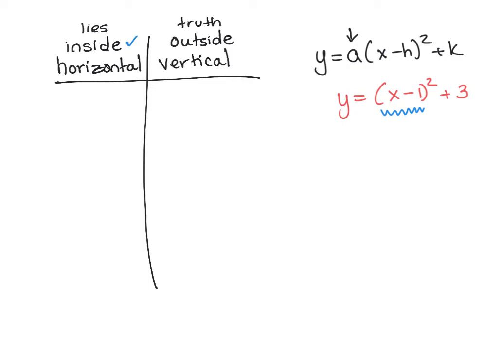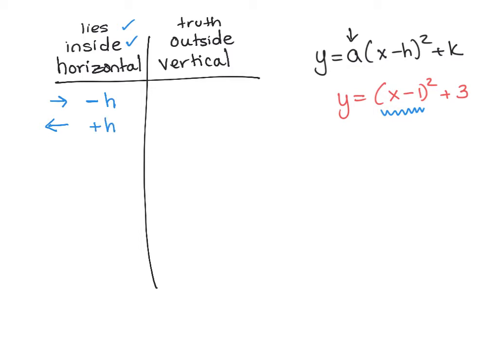In this case, it can either make it move right or left with addition or subtraction. But remember, the horizontal shifts always lie to you. So if you see a minus 1, that means they actually want you to move to the right. So when you see minus a number, they want you to move to the right. If you were to see a plus 1, that means they actually want you to move to the left.